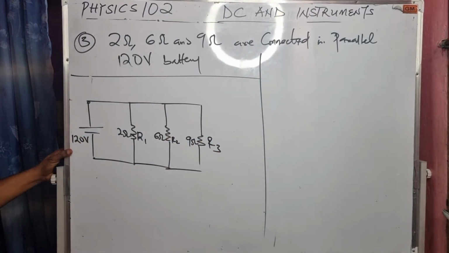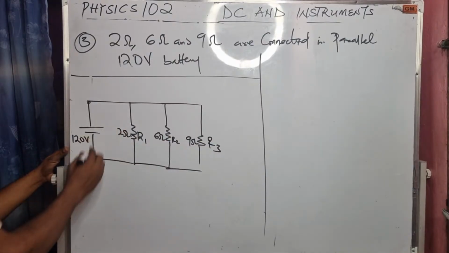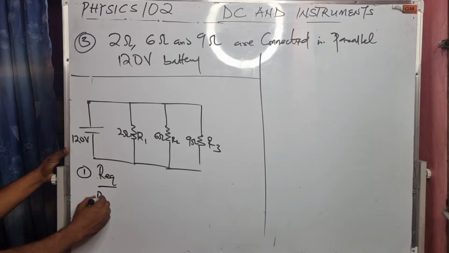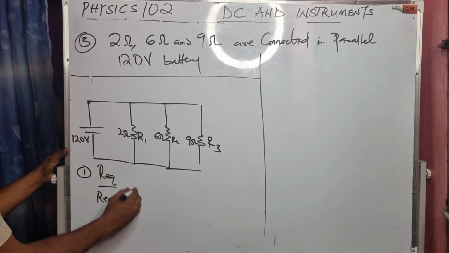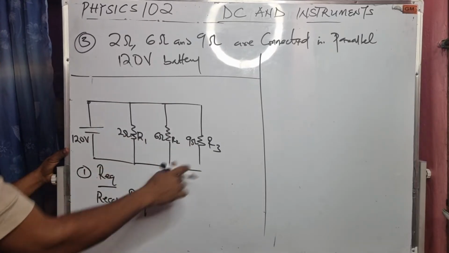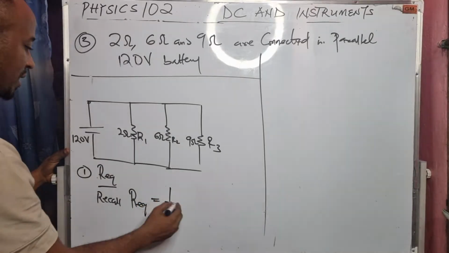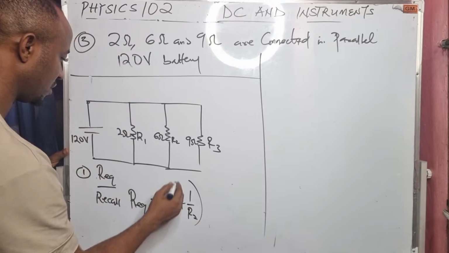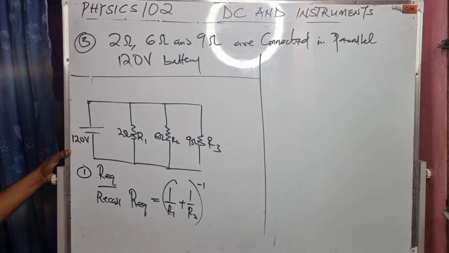All right. The first thing we have to find is our R equivalent. And we have to recall that R equivalent for a parallel connection is 1 over R1 plus 1 over R2, all to the power of -1.